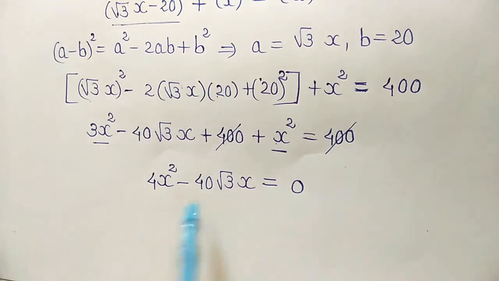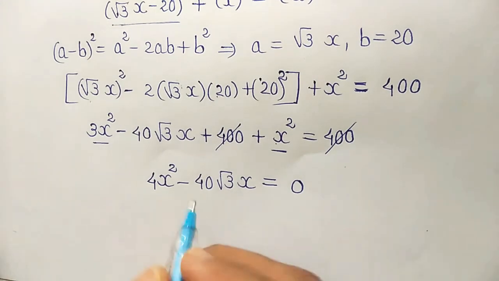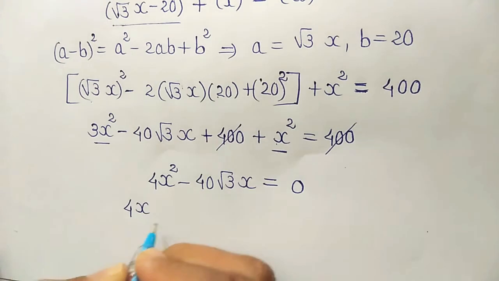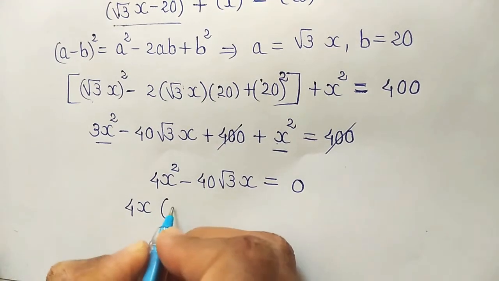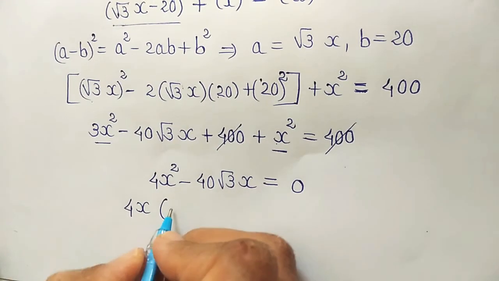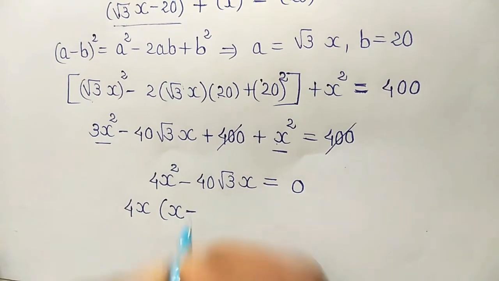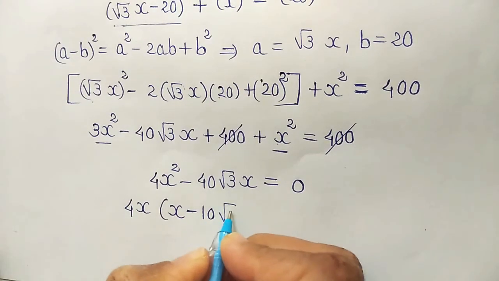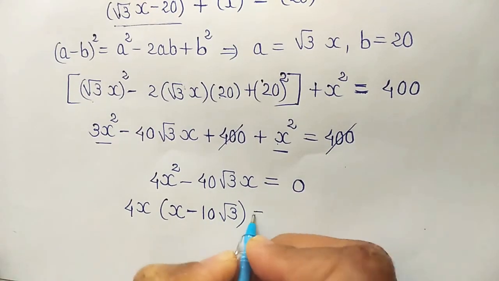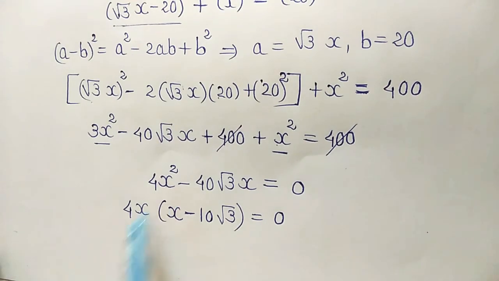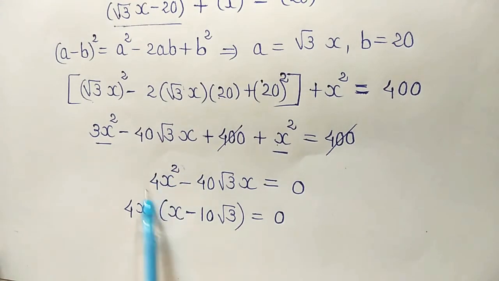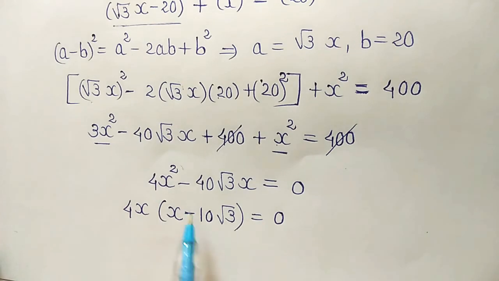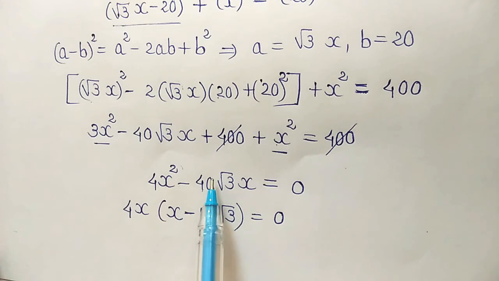What is common in both the terms? 4 and x, so we'll take 4x common. What we are left with? If we take 4x from here, x will be left, minus 10 root 3 is equal to 0. From first term if we take 4x, x will be left. 40 divided by 4 is 10, so we are left with 10 root 3.